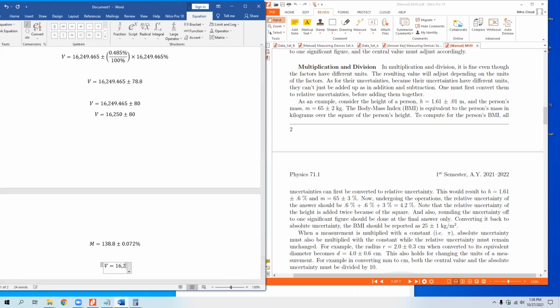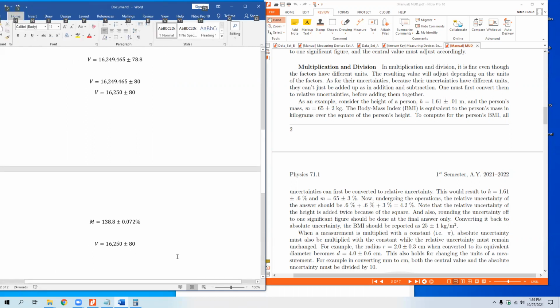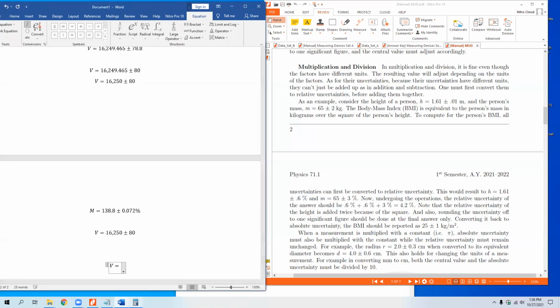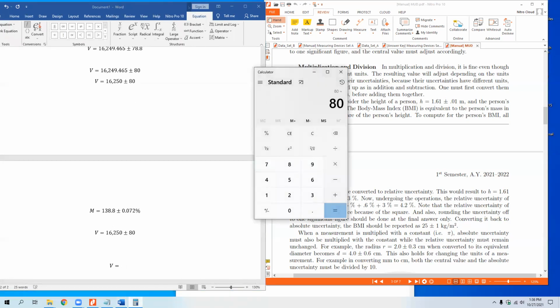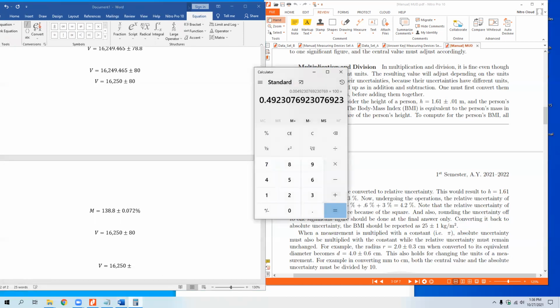And V, 16,250 plus minus 80. Again, if we convert this to relative, it should be 80 over 16,250 times 100. So let's say 0.492%.